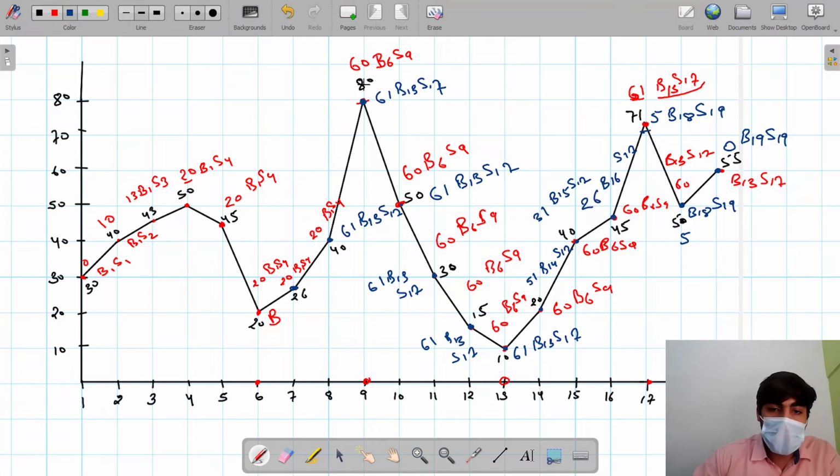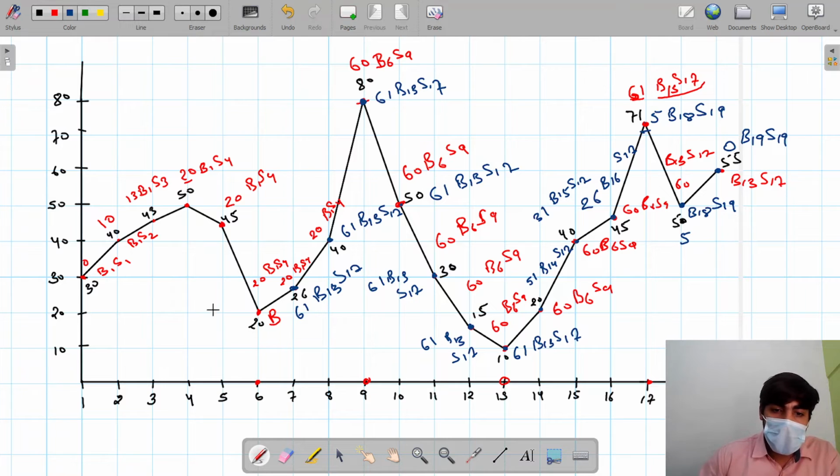Buy today, sell on the highest day in the future, which is 80, get a profit of 80 minus 26, which is 54, which is less than 61. So what I put here is 61, according to our condition, buy at 13, sell at 17.